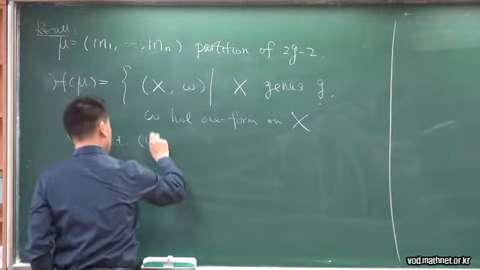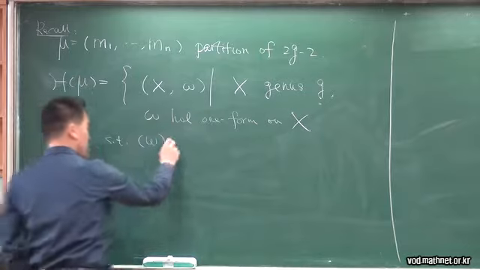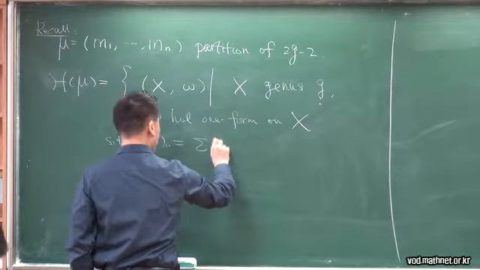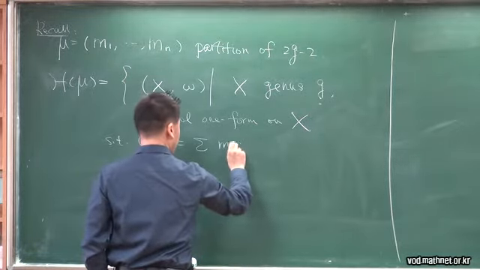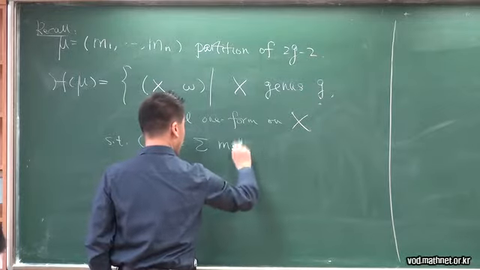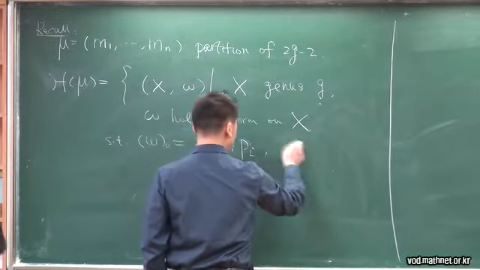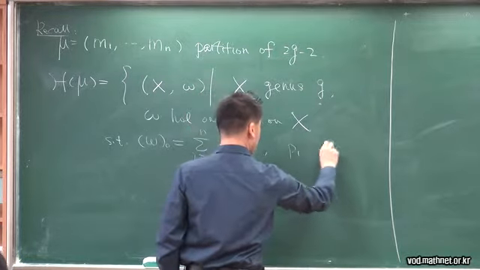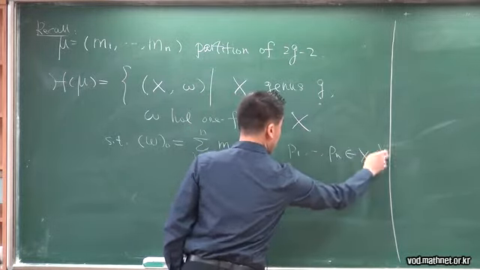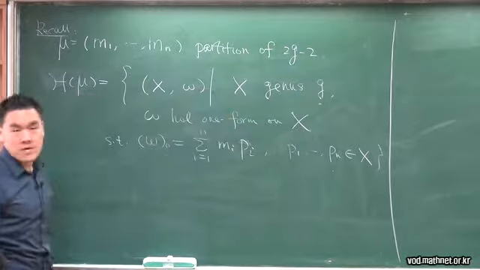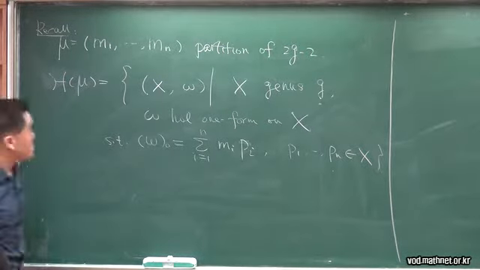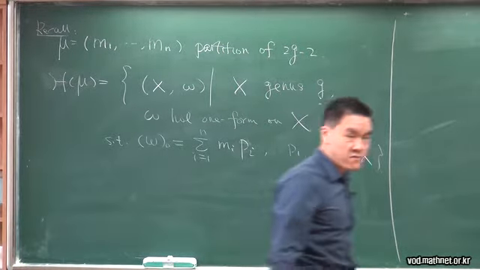That is, the zero locus of omega is sigma m_i p_i, for distinct p_i in X. Right? So we introduced this notation and we explained several properties.